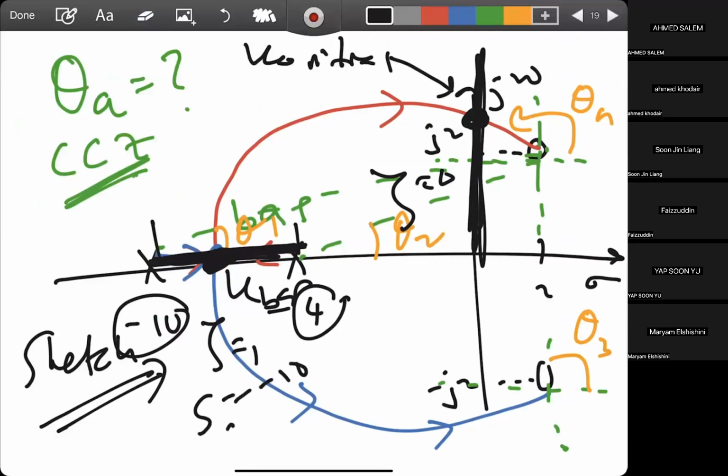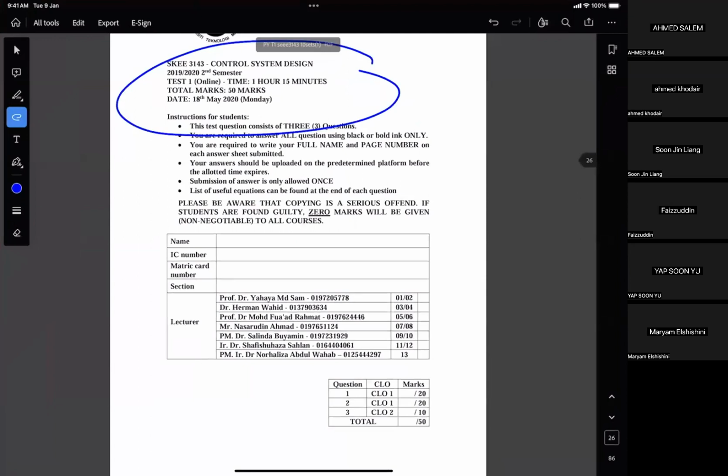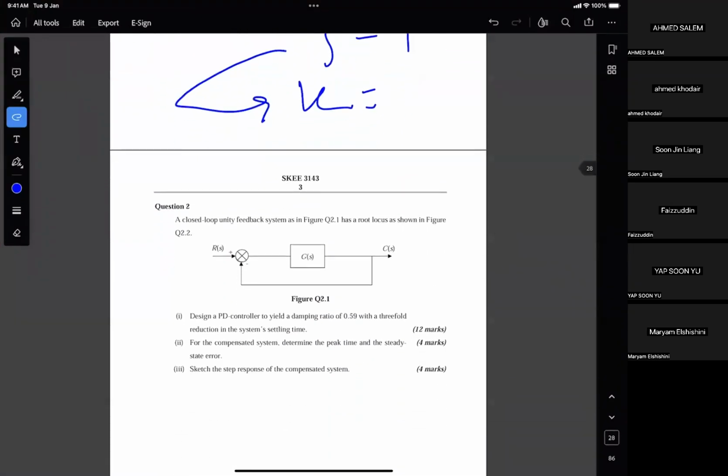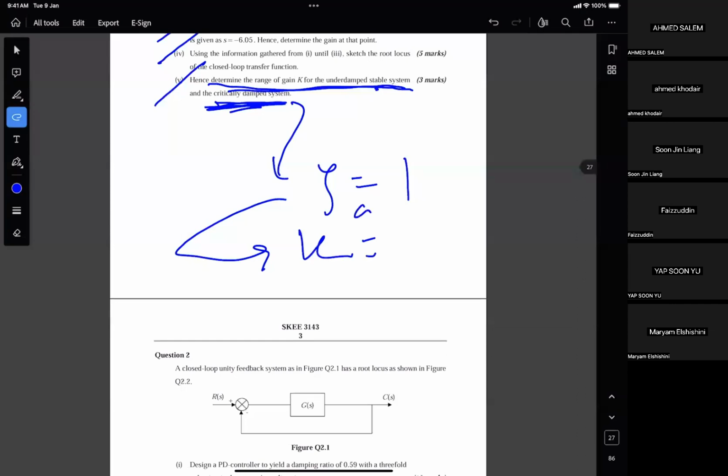Then you will find the critically damped gain. Okay, did I answer your question? Yes. S minus 10 and S minus 4. Okay.